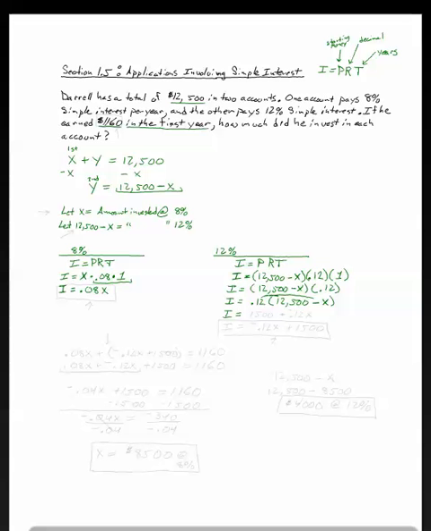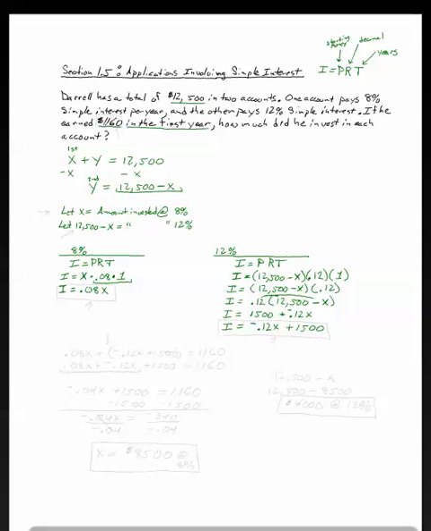So when we do 0.12 times 12,500, we get 1,500. Minus, and then it's 0.12x. And generally speaking, we'd like the variable term in front, so I'll do my addition of the opposite. So the interest is negative 0.12x plus 1,500.